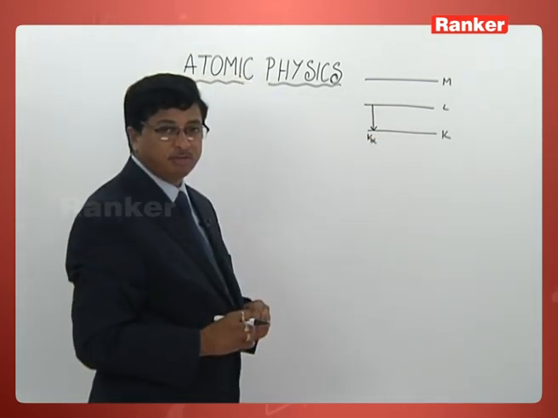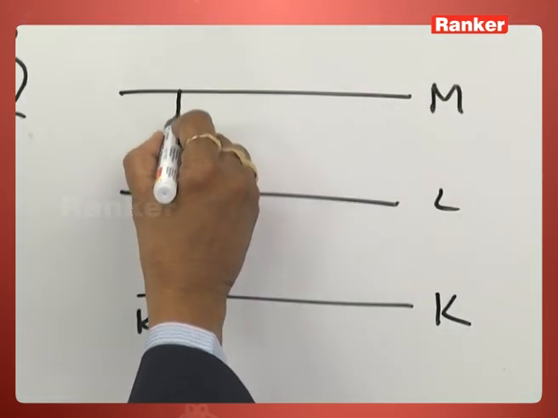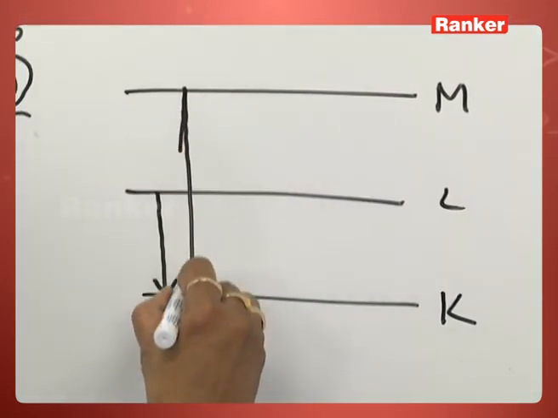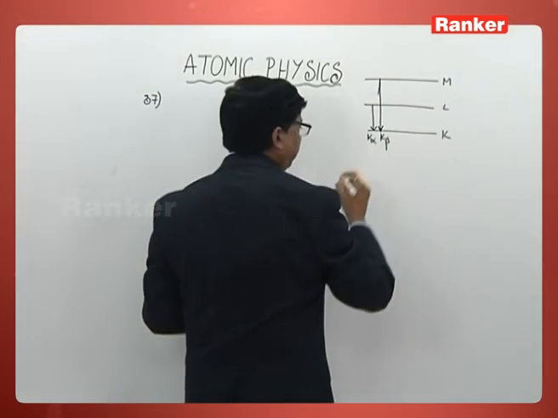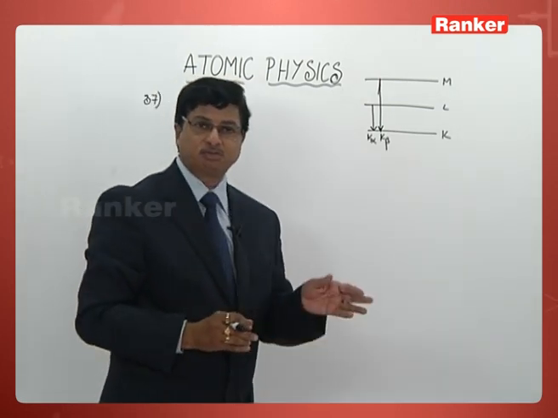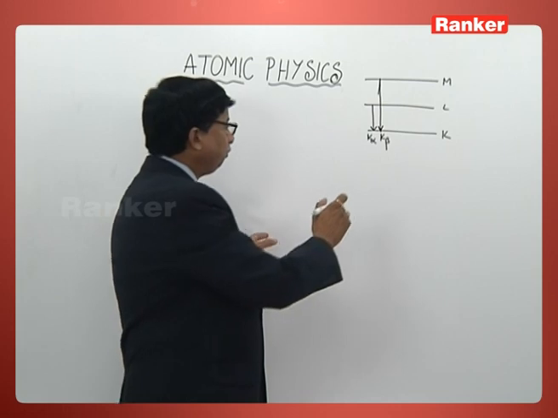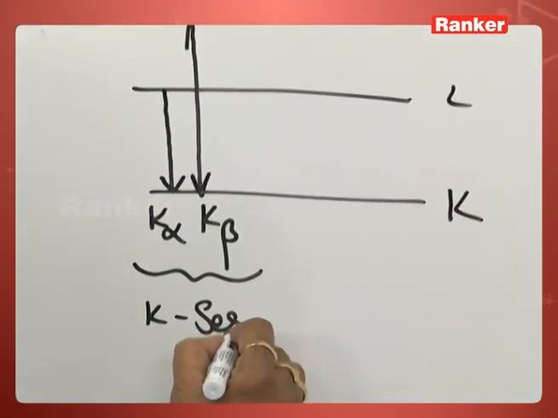All of you are familiar with this. In the same manner, when an electron transits between the M shell and the K shell, we get the K beta line, then K gamma, K delta, K epsilon, and so on. That is what we call the K series.